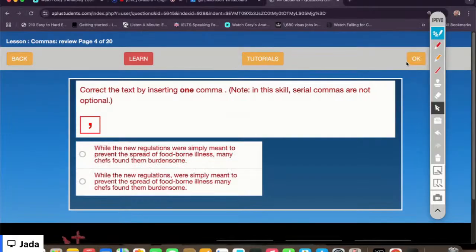While the new regulations were simply meant to prevent the spread of foodborne illnesses, many chefs found them burdensome. So, which of them?